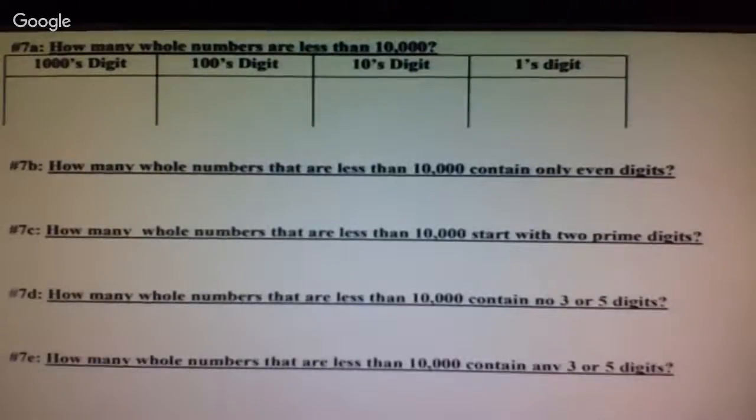So I only have 4 spaces to fill in for these ones. Because it says how many whole numbers are less than 10,000. If I'm less than 10,000, what's the highest I can be? 9,999.